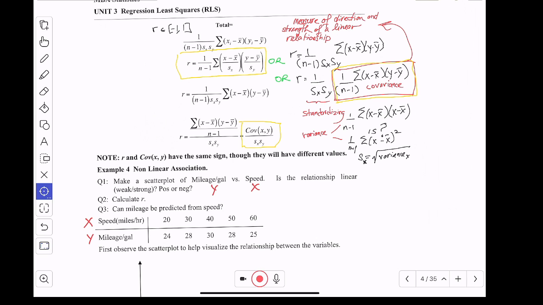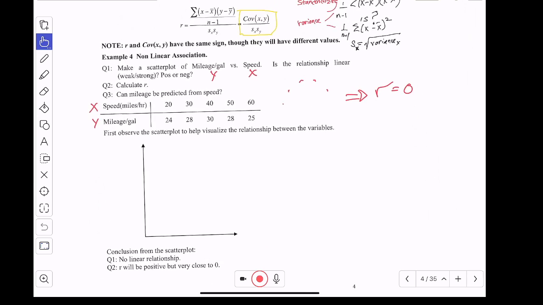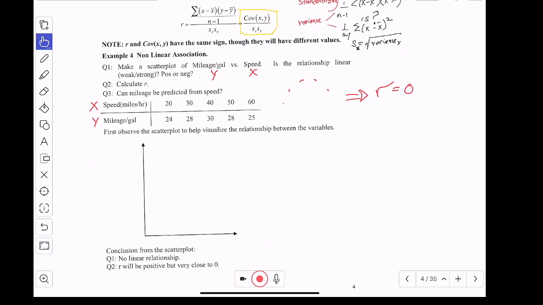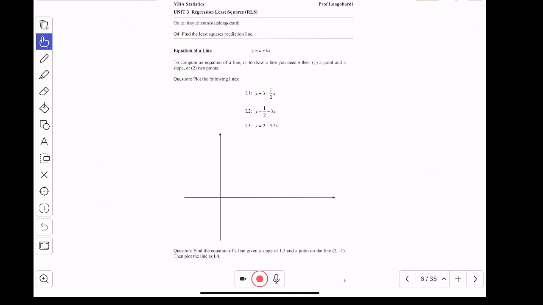So this is going to be a plot like this, a curve relationship, and I'm going to demonstrate that R will be 0 here. So you can practice doing that on your own. Okay? And I have all the calculations there for you for practice.